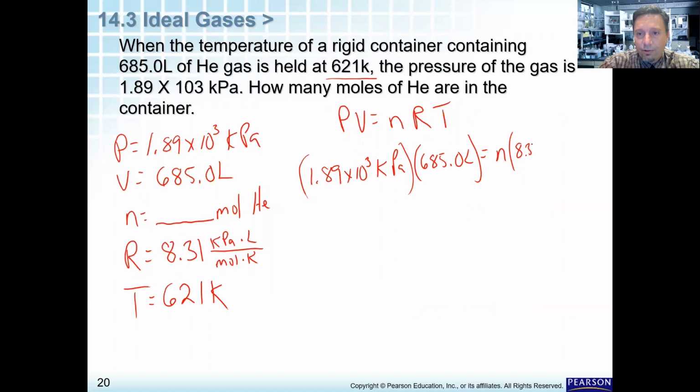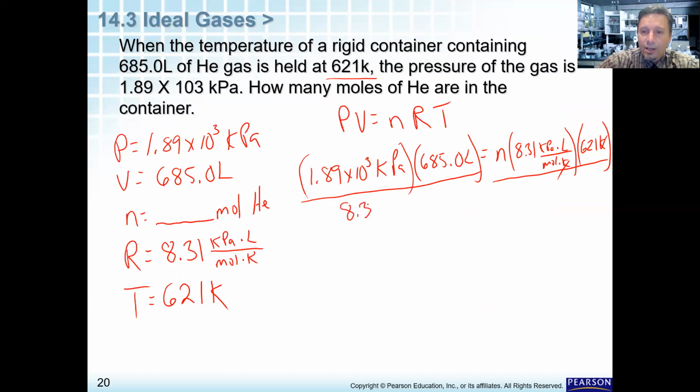R is 8.31, and this is kPa times liters over moles times Kelvin. And then my temperature is 621 Kelvin. Right away, my Kelvins cancel. So that's important. So now I'm going to get rid of everything from this side. So I have to divide here and divide over here. So I'm going to divide by 8.31, and this is going to be kilopascals times liters.